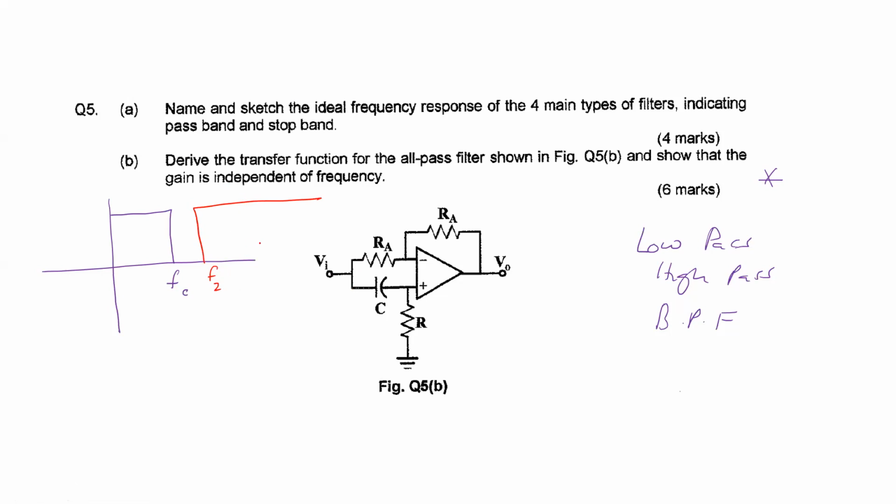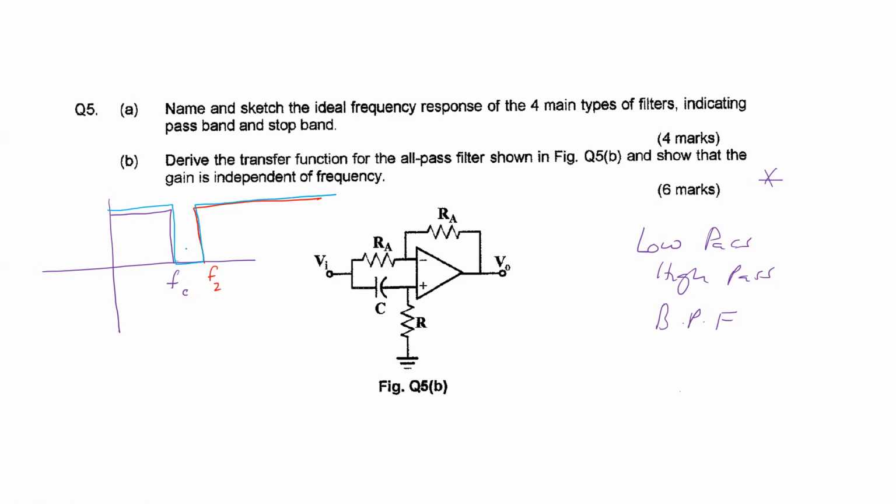If I combine the purple and the red, I'm going to get a filter that passes this, does not pass that, and passes that.